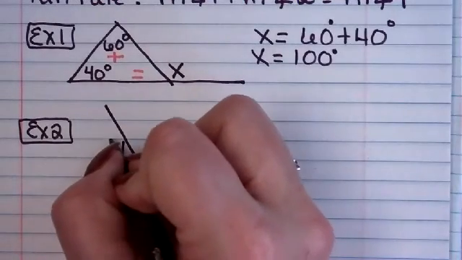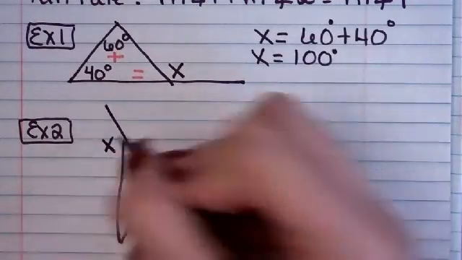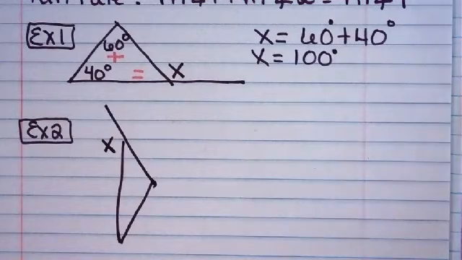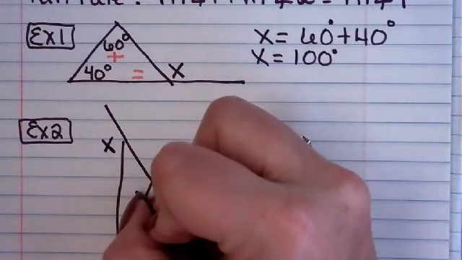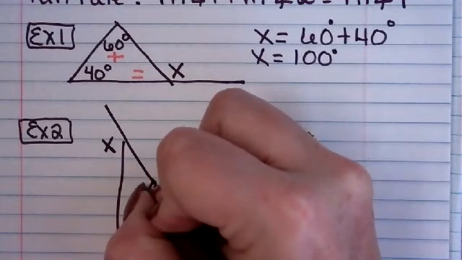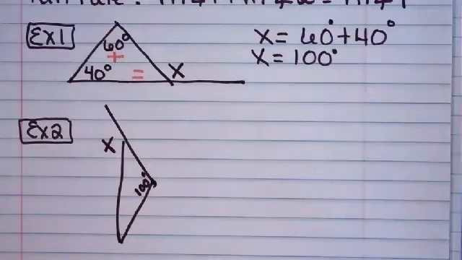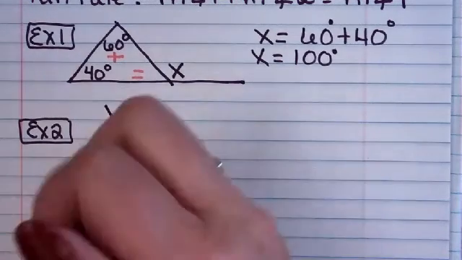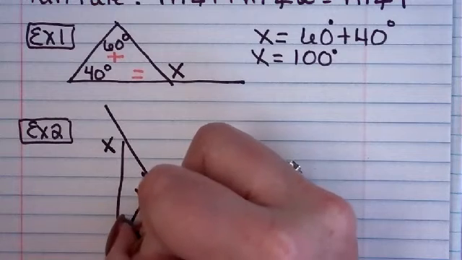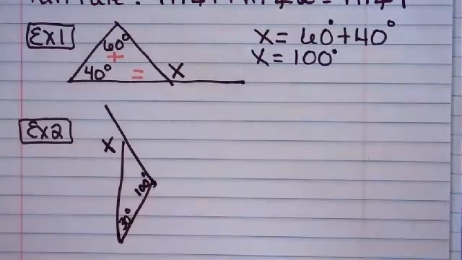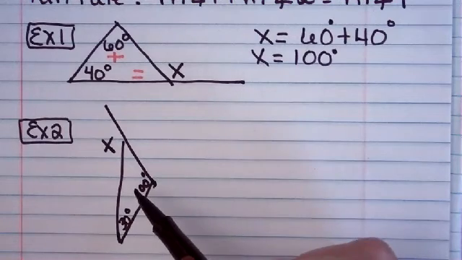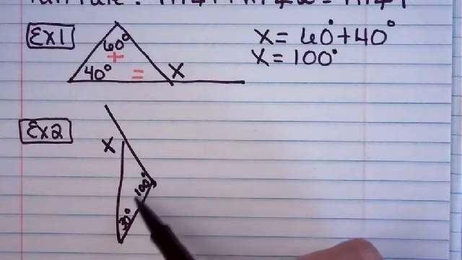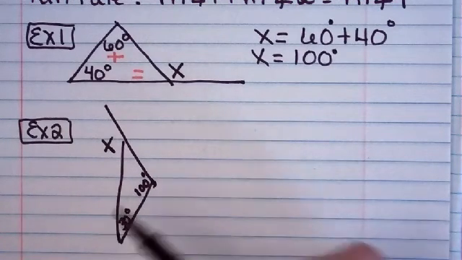I'm going to let my exterior angle be right here. Now, this angle right here is going to be 100 degrees. This angle down here in the corner is going to be 30 degrees. Okay? So I have my two remote interior angles, 100 and 30.